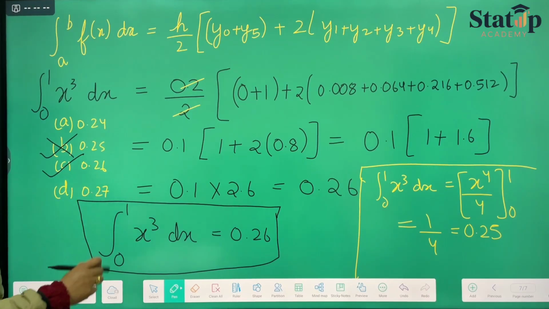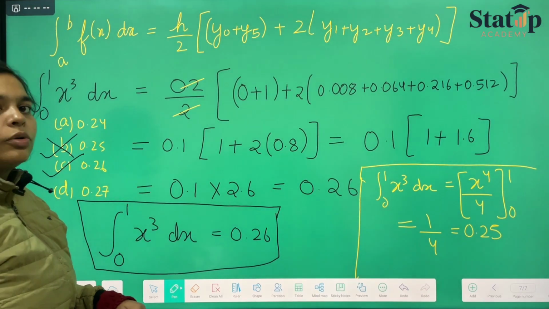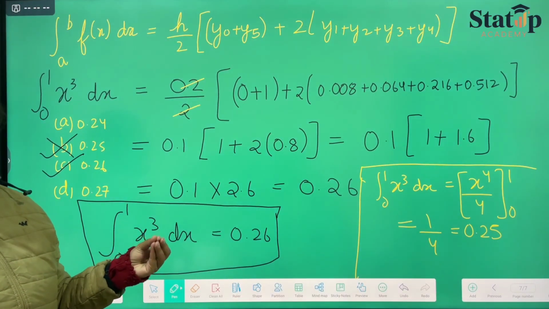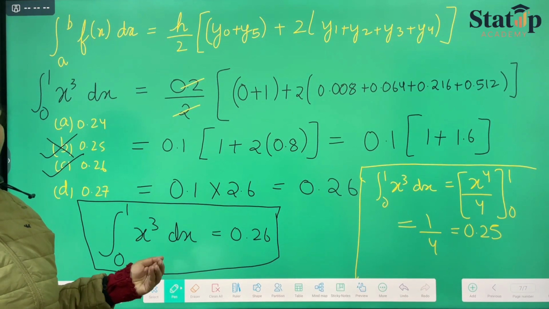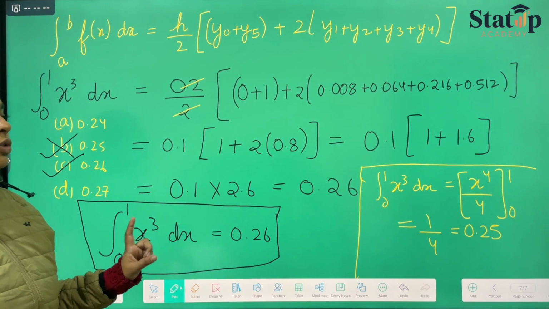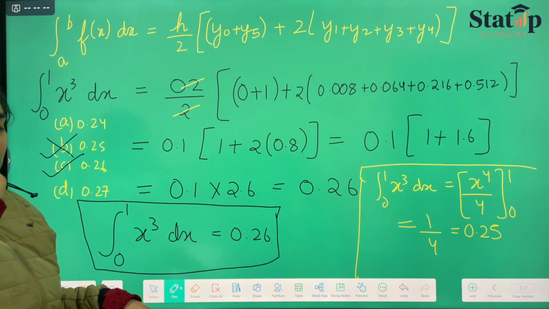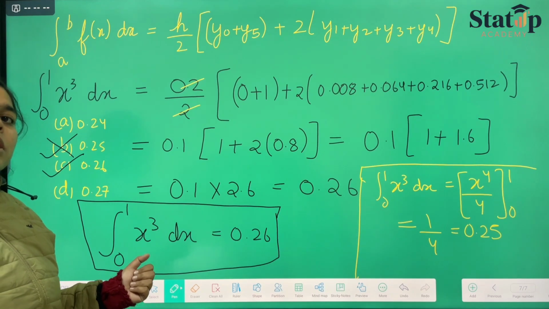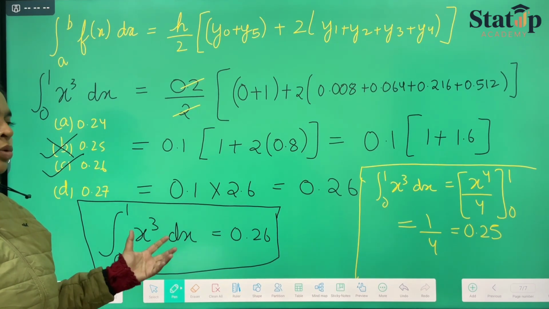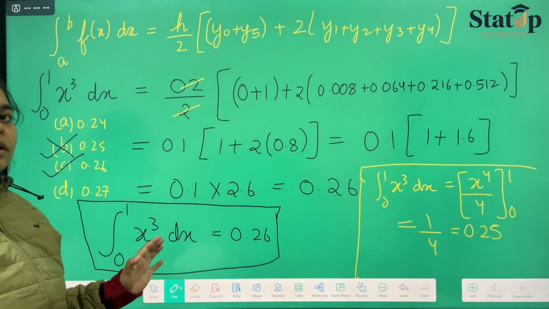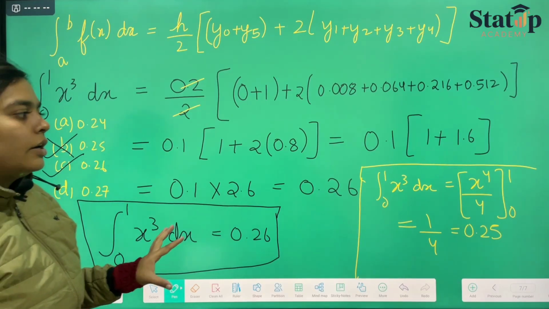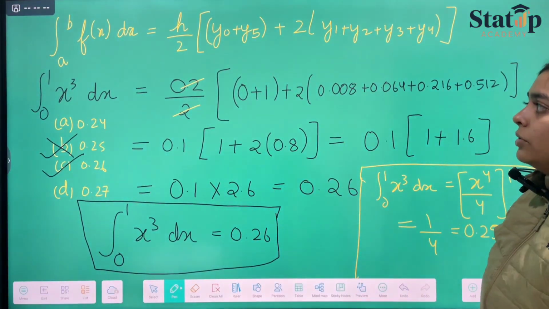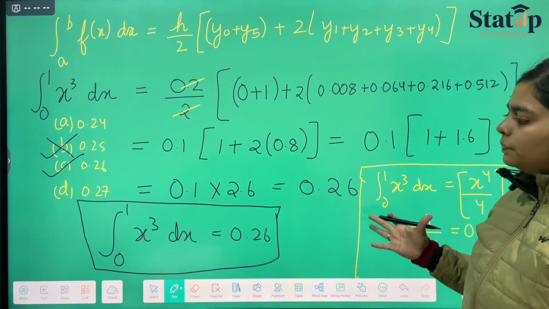Rather, it should be 0.26, because the trapezoidal rule and all of these rules contain errors, and hence our answer would differ from the actual integration. Therefore, you shouldn't try these kinds of tricks in the exam. In very rare possibilities they might come out equal, where there is no error in the trapezoidal rule, but instead you should just perform the right task that I have provided you with.